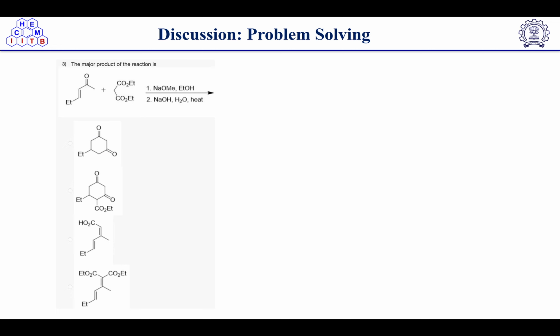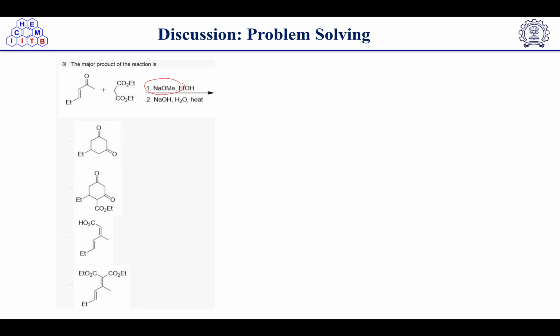Here we have another question. The major product of the reaction is. Anybody? Just check the arrow. We have the sodium methoxide, which is a base. So when a base is given, always you have to abstract the proton, as you have to find out the acidic proton.